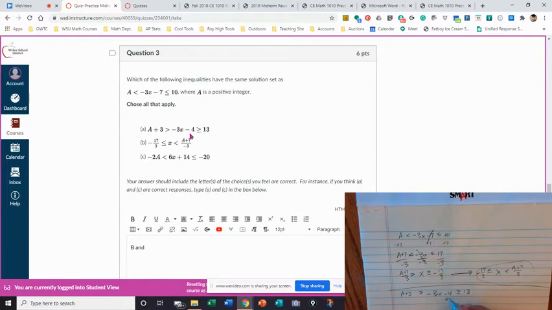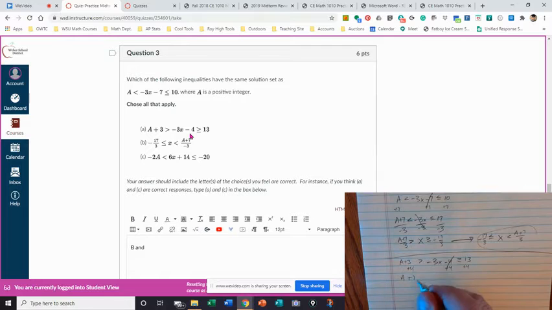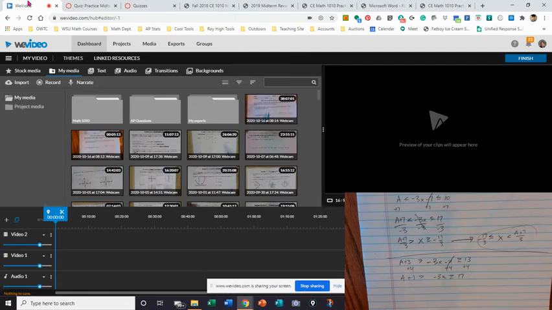If I add 4 to each of these, I get a plus 7 is greater than negative 3x is greater than or equal to 17. Okay. Hold on. I just need to see what this is saying for a moment.